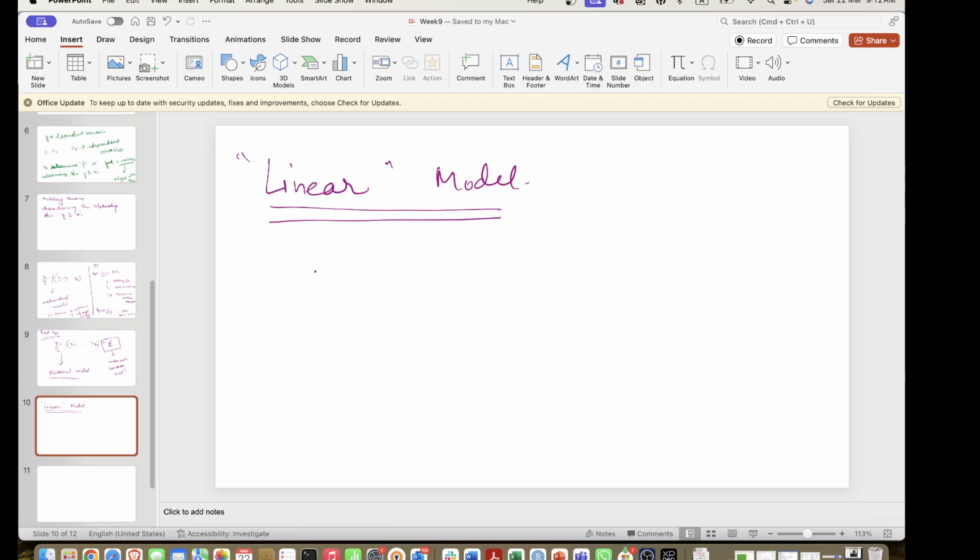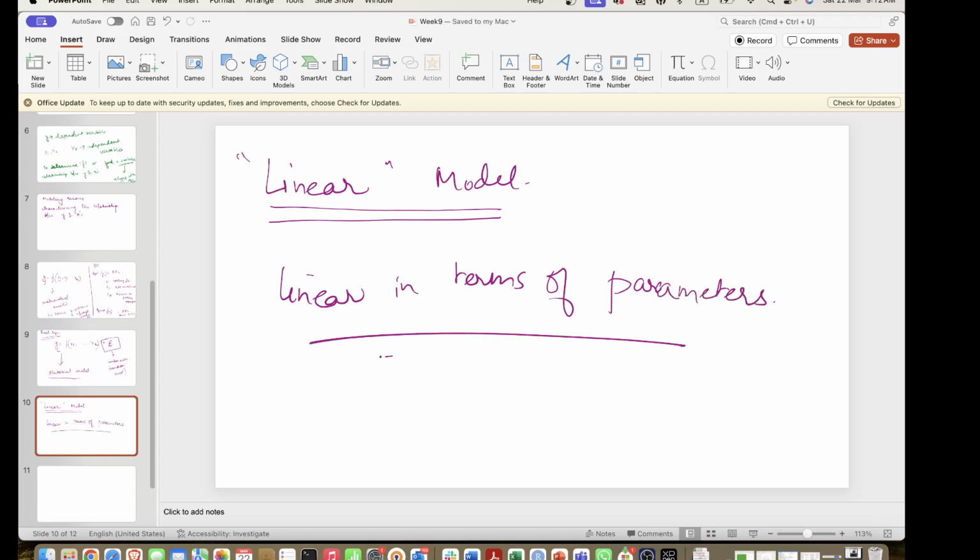What linear tells me is linear in terms of parameters. Linear model means that it is linear in terms of parameters.